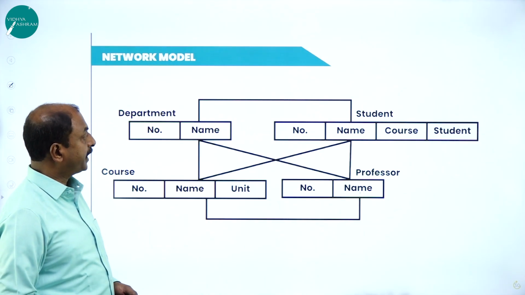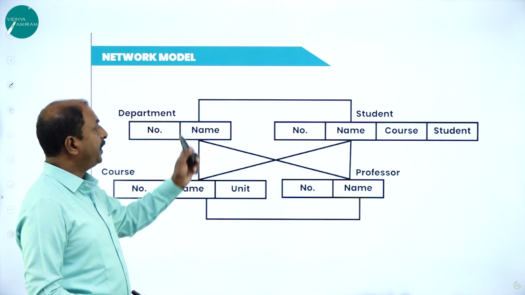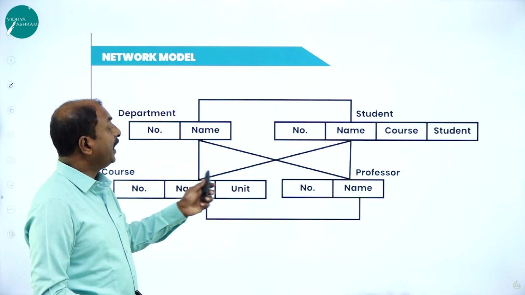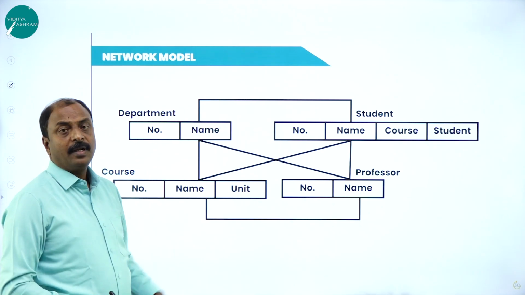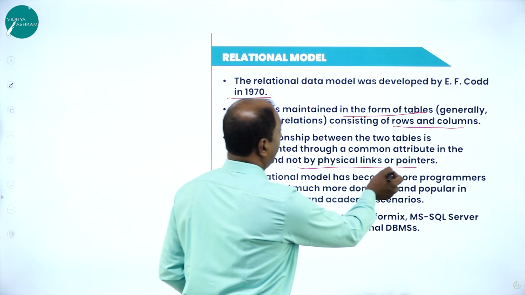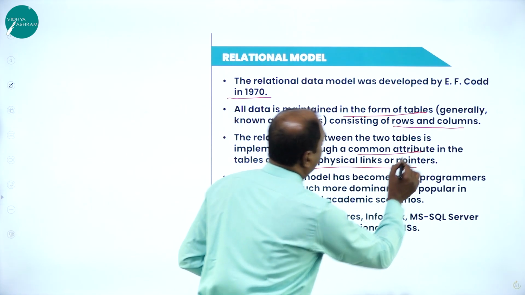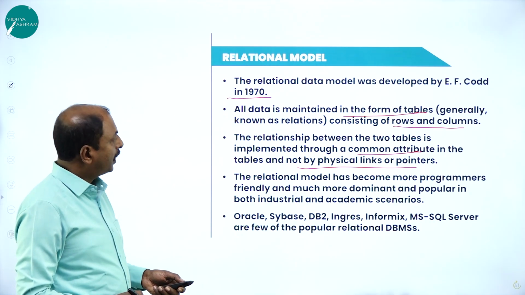If you look at the previous example, we connected the different data through links, that is in the network model. But in the relational model there is no physical link. We connect with common attributes, or common column names.